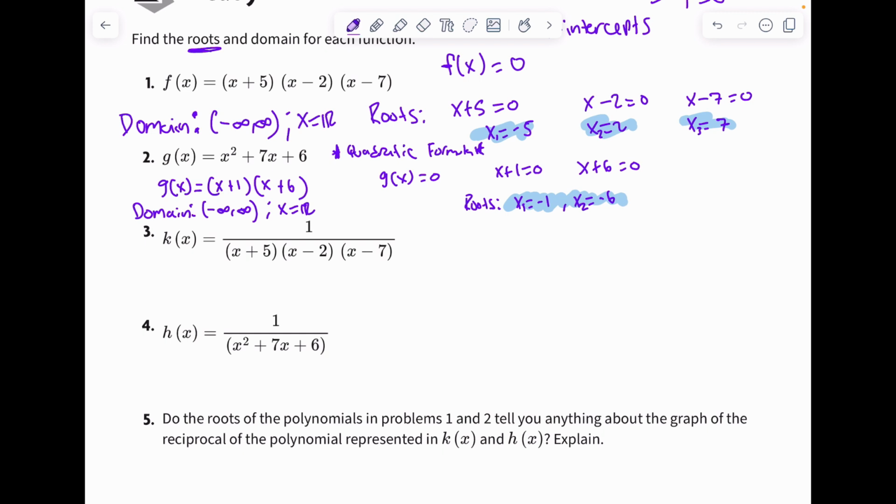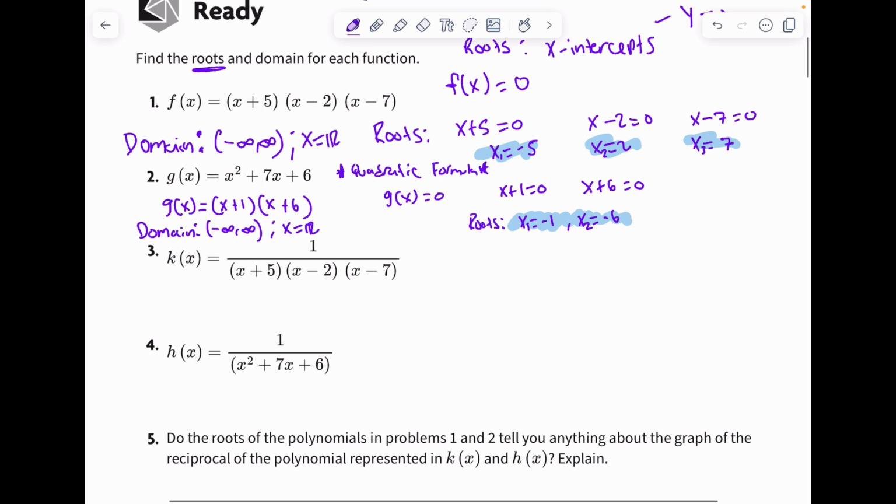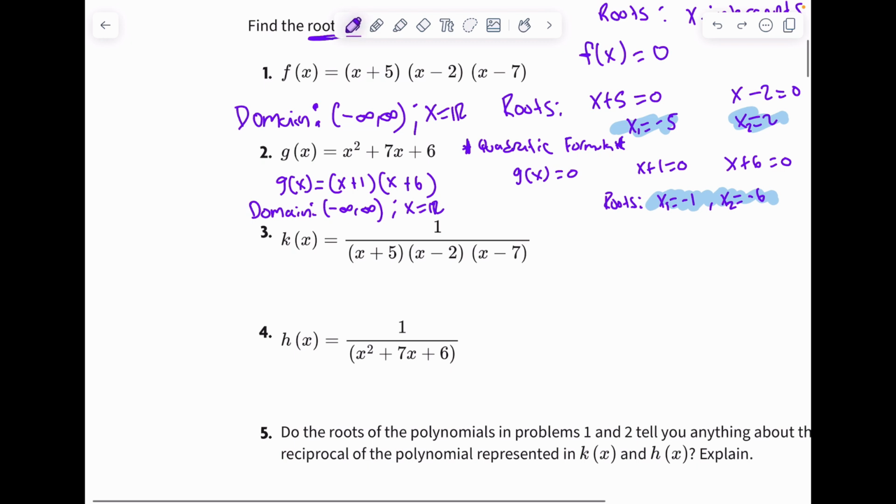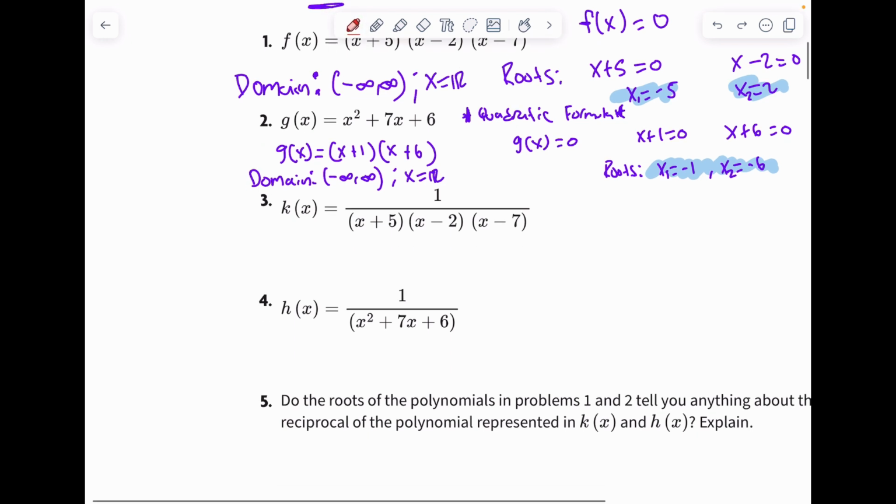Okay, let's think about k of x. I want to find the roots, and I don't know if you've noticed, but this and this are very similar, right? But for k of x, my roots, again, I want k of x equals 0. So when is that going to happen?